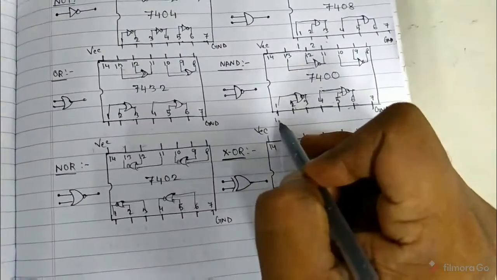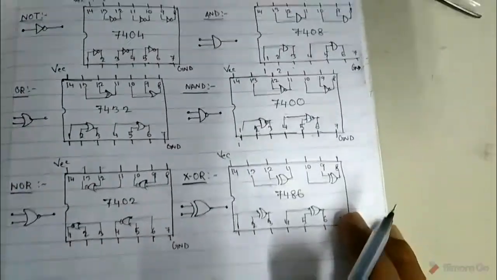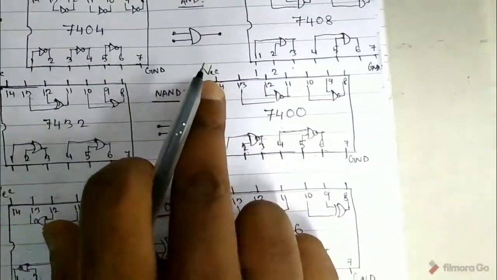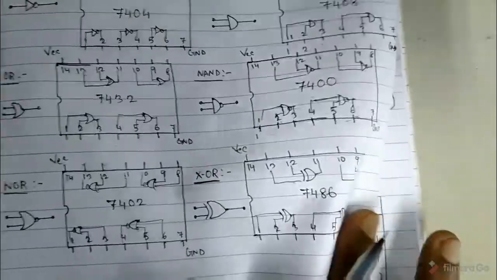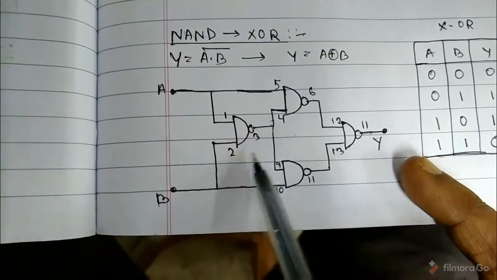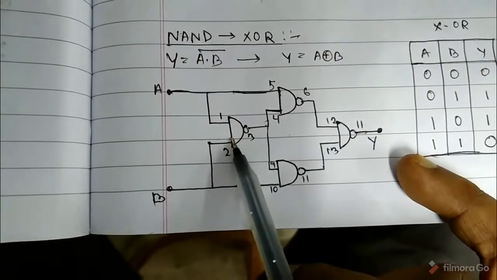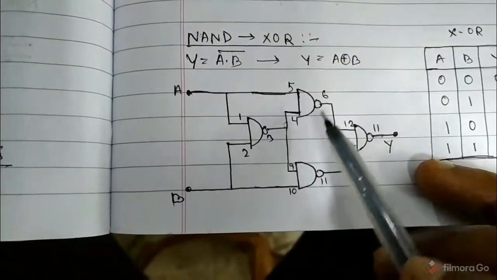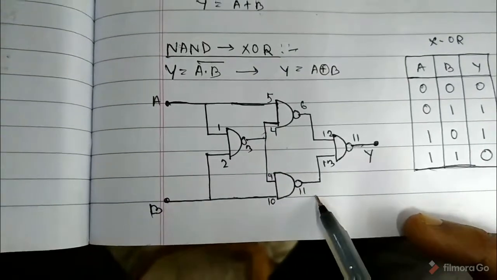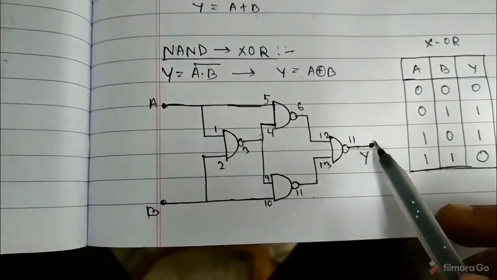So these are the pin numbers. We have to connect the circuit according to these pin numbers, and pin numbers 7 and 14 will be ground and VCC. See, pins 1, 2, 3 are the first gate, 4, 5, 6 the second gate, the third gate is 9, 10, 8 output, and the fourth gate is 12, 13 and 11 output.